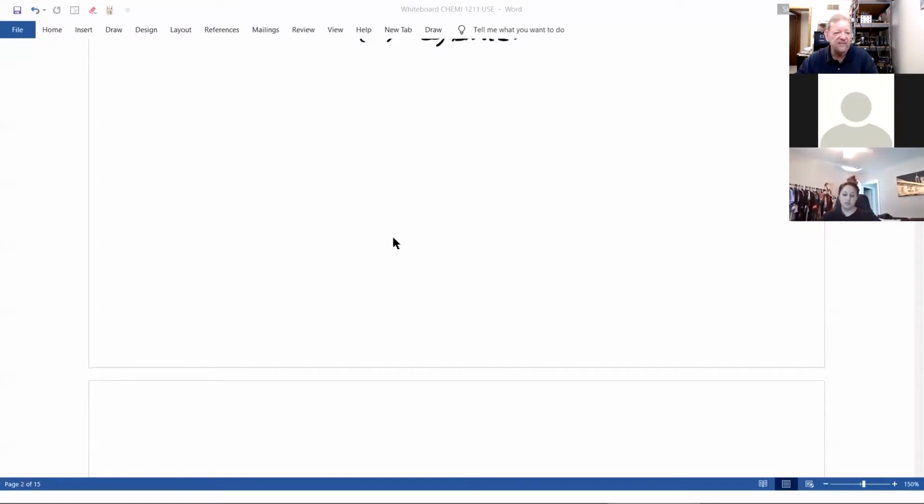Now, methyl nonal ketone, nonal is the 9-carbon alkyl group, which I really didn't ask you to learn, has this structure. And this will never be on a test.